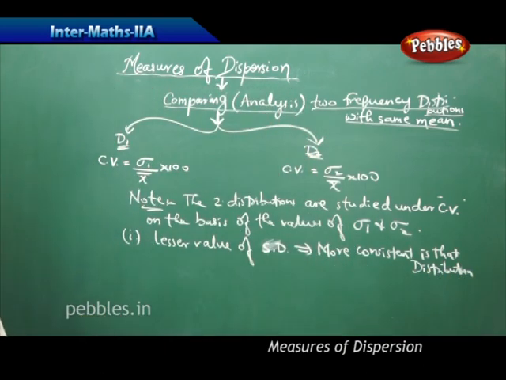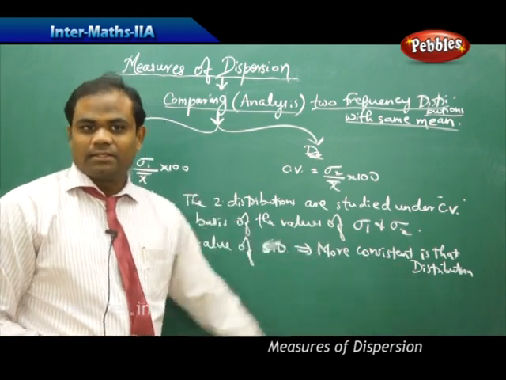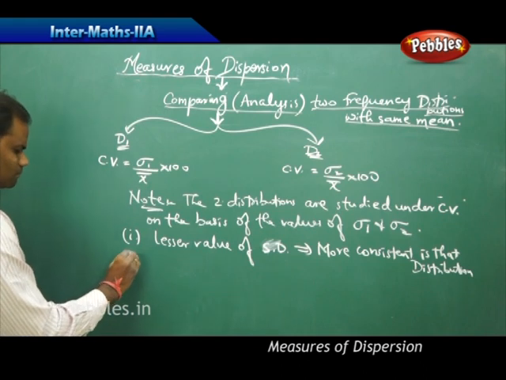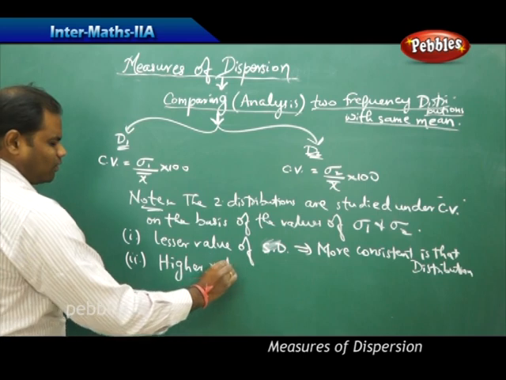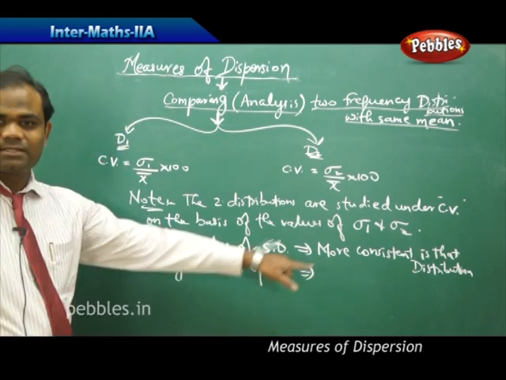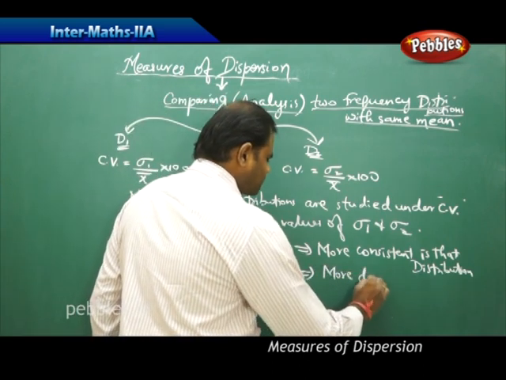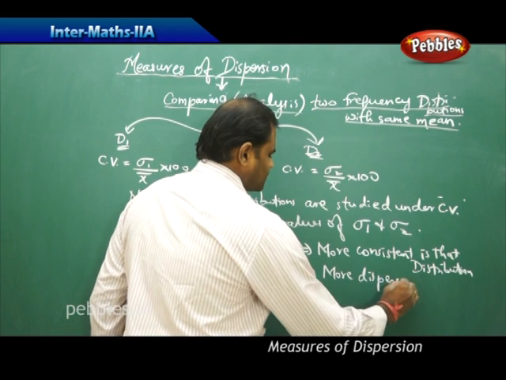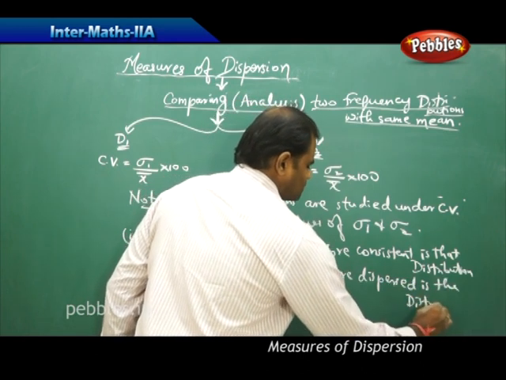So for consistency of the distribution, lesser the value of standard deviation, more consistent is that distribution, and higher value of standard deviation implies more dispersed is the distribution.